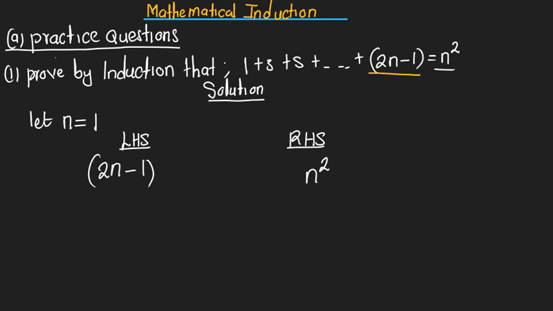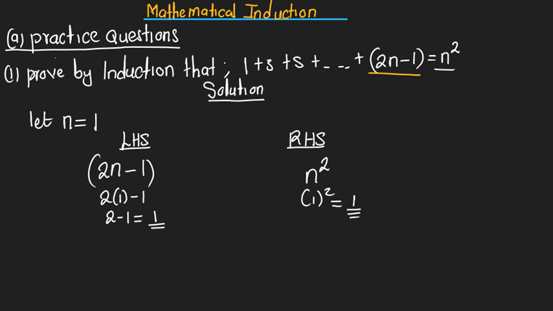Since you had said n must equal 1, you put your 1 here and also here. This is going to be 2 minus 1 equal to 1. Then 1 to the power 2 is going to equal 1.